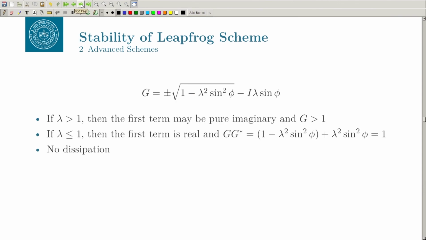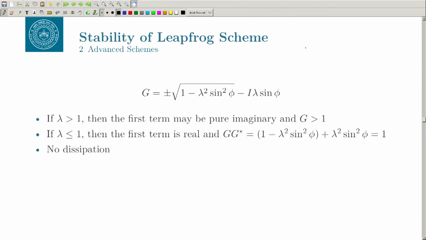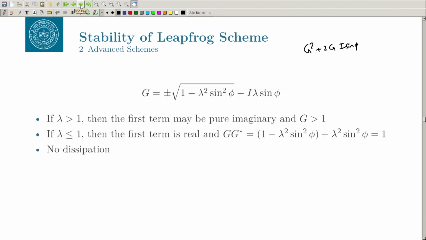This is the equation that you are going to get, and let us try to find the roots of that equation. The equation is G^2 + 2 lambda I sin phi G - 1 = 0.